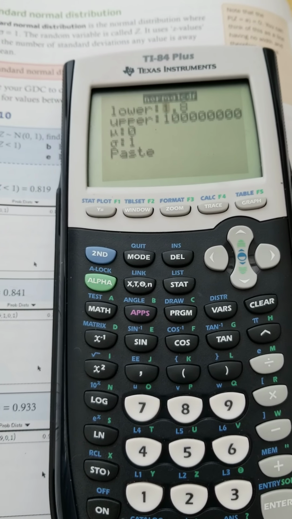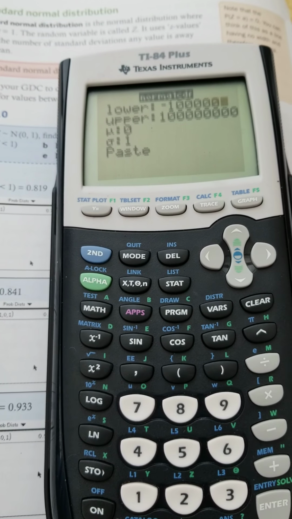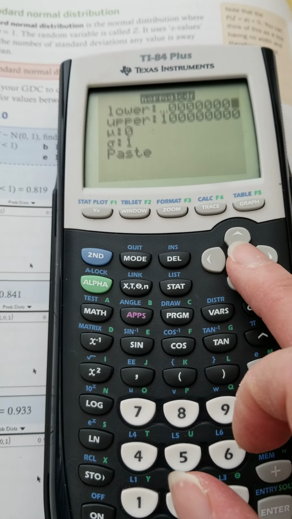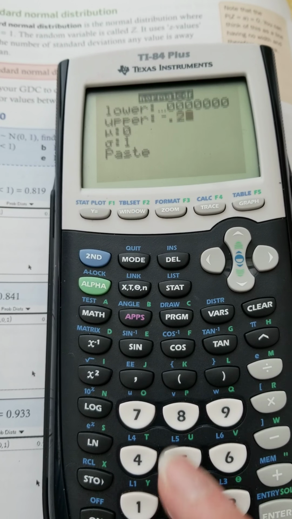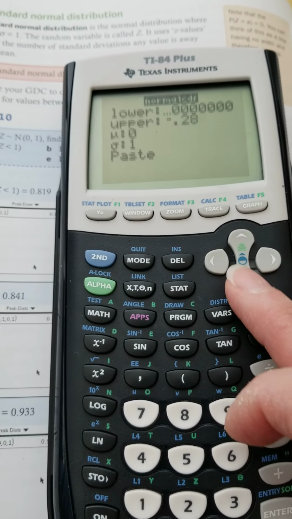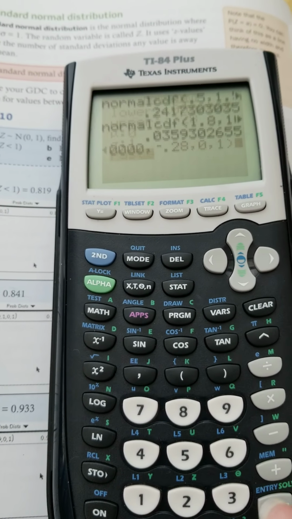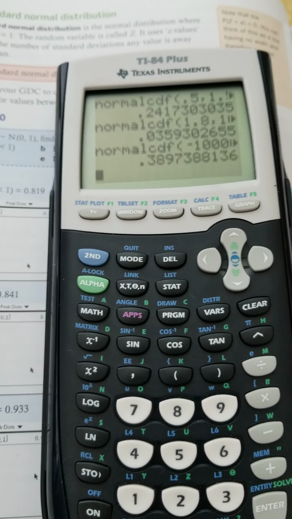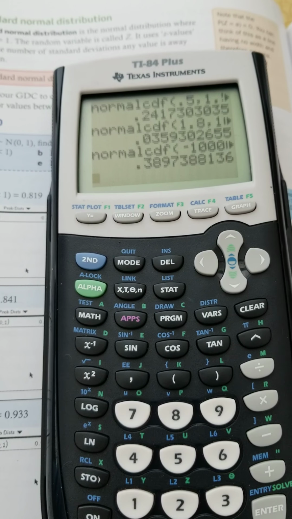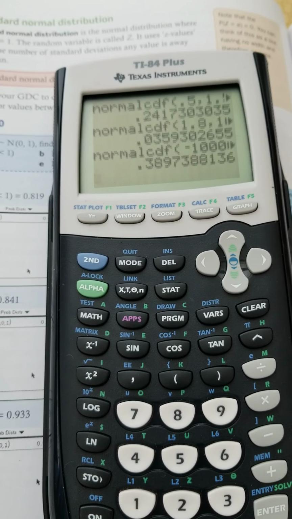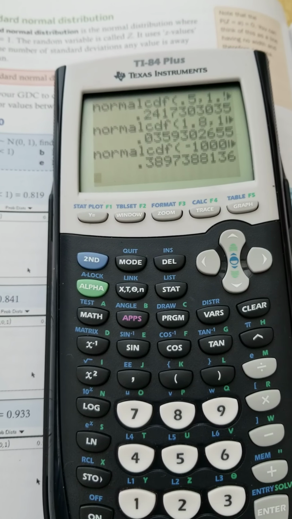So I'm going to put in a really small number, negative with a whole bunch of zeros. My upper limit would be negative 0.28, 0 and 1. And that probability is about 38%.